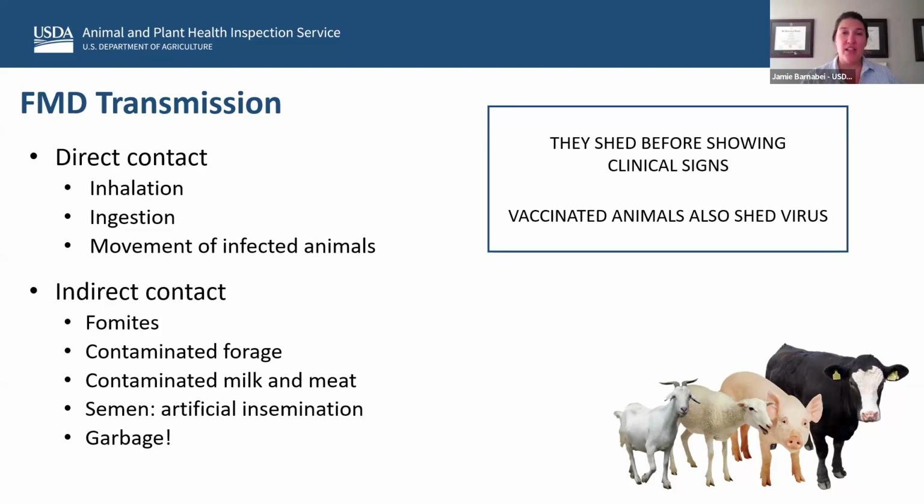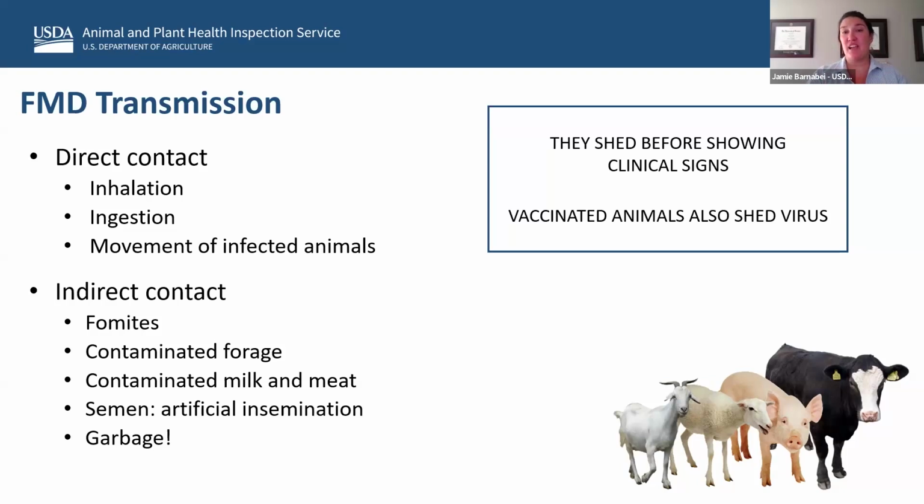So movement of animals in that period before they look clinically ill is a big threat to us. And then, just like most other viruses, indirect contact also offers a viable mode for transmission. These are things like fomites, contaminated forage, contaminated milk and meat, semen, so AI is a great way to spread this virus, and garbage.